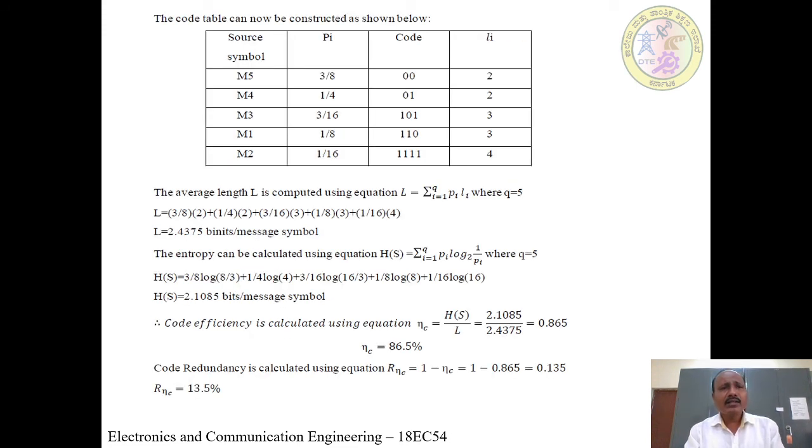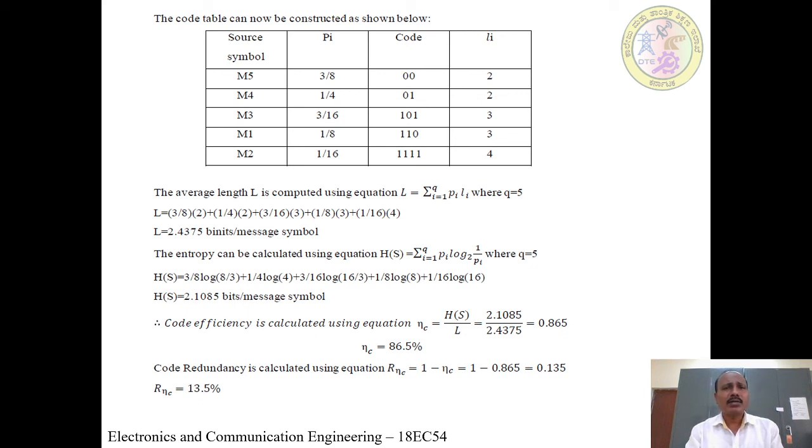Then writing all the codes in a table, the source symbols are M5, M4, M3, M1 and M2, and the respective probabilities are 3 by 8, 1 by 4, 3 by 16, 1 by 8 and 1 by 16. The respective codes are 00, 01, 101, 110 and all ones, that is 4 ones. So the Li we have written as 2, 2, 3, 3 and 4, the respective lengths for M5, M4, M3, M1 and M2.